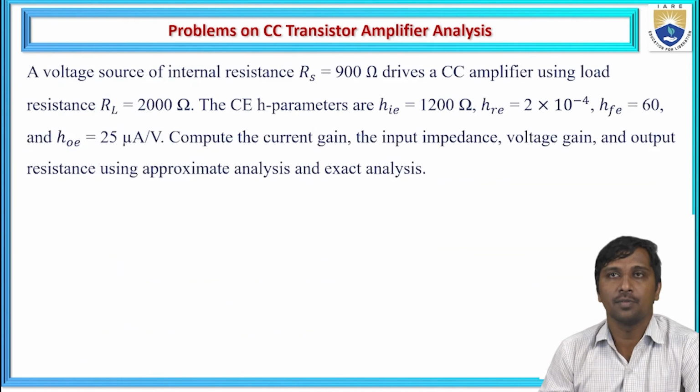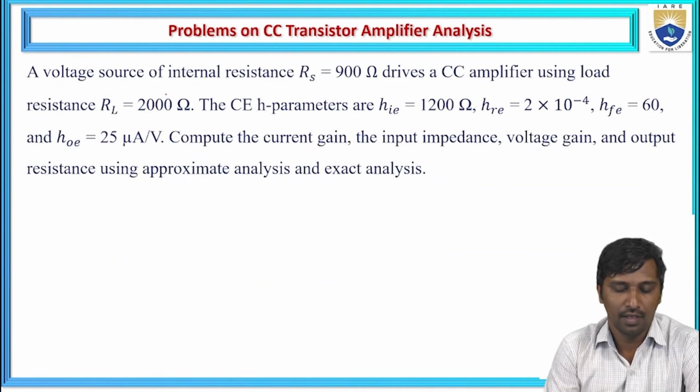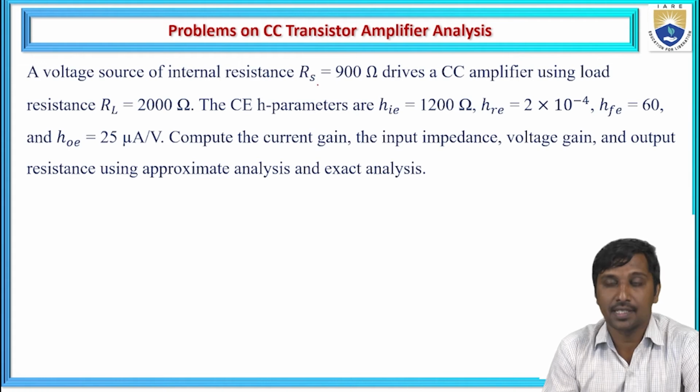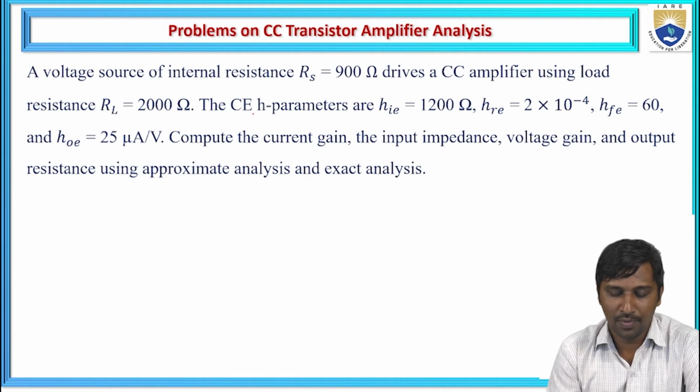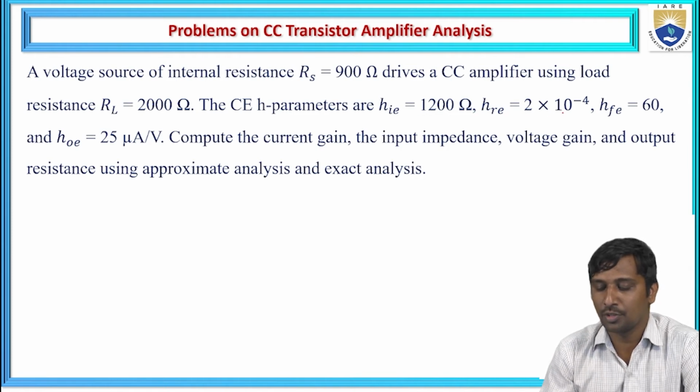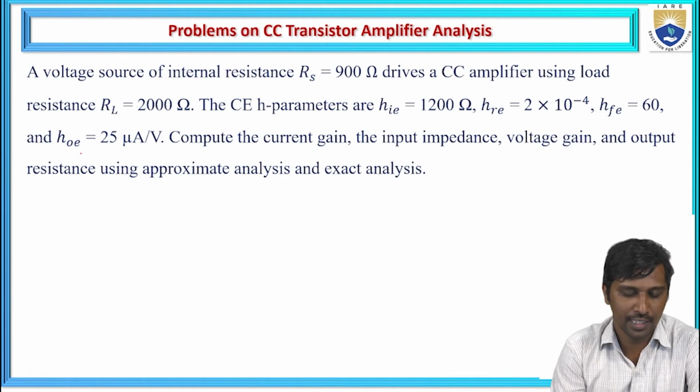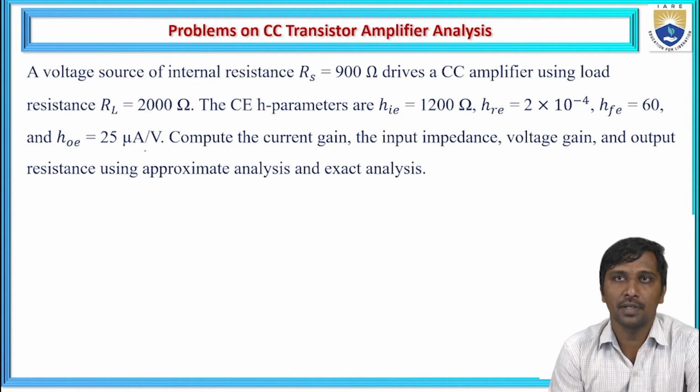Now we'll see another problem. A voltage source of internal resistance Rs, that is 900 ohms, drives a common collector amplifier using load resistance RL of 2000 ohms. The common emitter H parameters are HIE is 1200 ohms, HRE is 2 into 10 to the power of minus 4, HFE is 60 and HOE is 25 microamperes per volt.